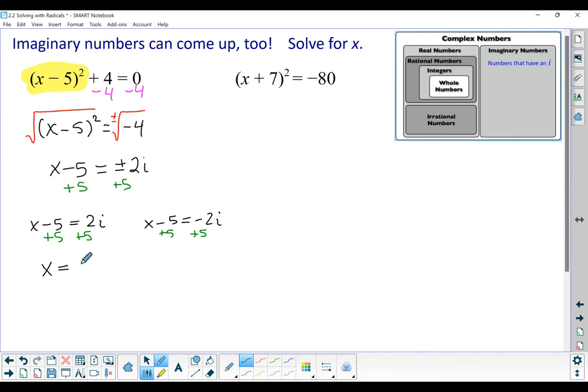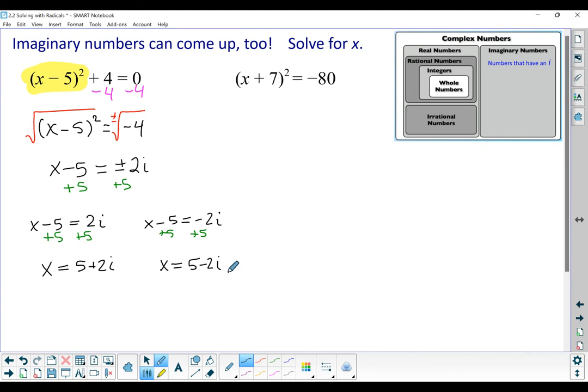So just like with roots, those can't combine. It's not going to be a 7i. It's just going to be a real number 5 plus an imaginary number 2i. Those parts can't combine. So our answers look like this.